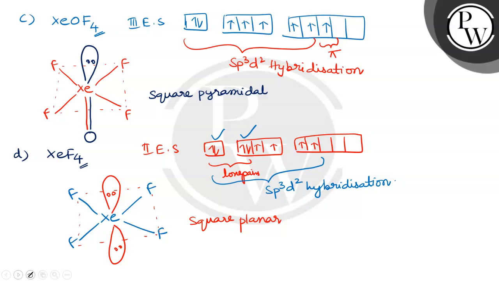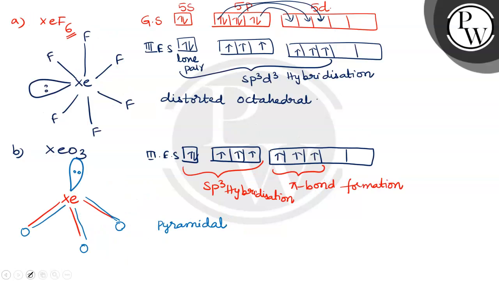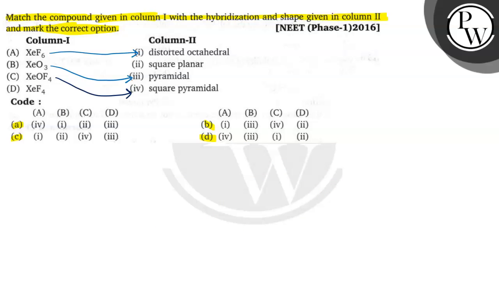So let us check this matching. XeF4 square planar. अब बताओ, अभी चेक करो. A1 ऑप्शंस कहाँ पे है?